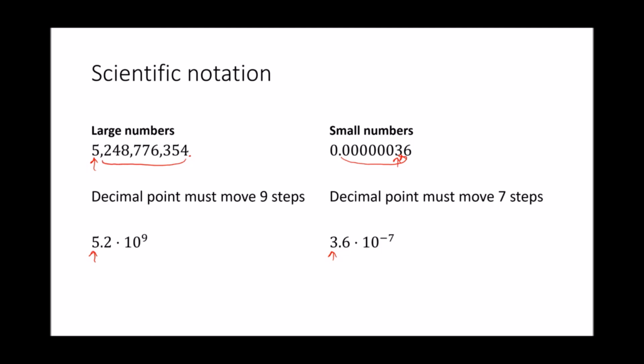And it has to go between the 5 and the 2. So here the decimal point must move 9 steps, and in the example on the right with the small numbers, it moves 7 steps. Then if it's a large number, we just write the steps normally, and if it's a small number, we write it with a negative power to actually show that it becomes smaller, that the decimal point moves to the right instead of the left. And in this way, we can write any number in scientific notation.